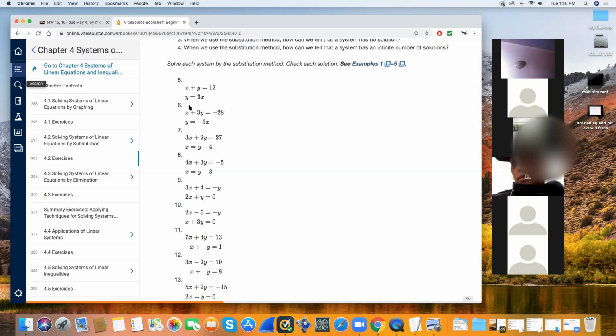So I'm going to open the whiteboard and write down this system and then solve it.